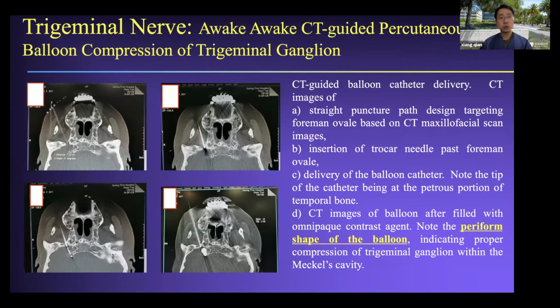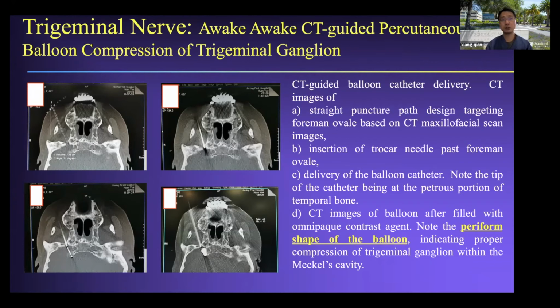So we also do balloon compression. You ask, why do you do balloon compression? Because some of the patients really don't like the numbness from the interventions, and they want an intervention that gives them less numbness or less weakness. Basically, they want a graded or titrated ablation of the nerve.